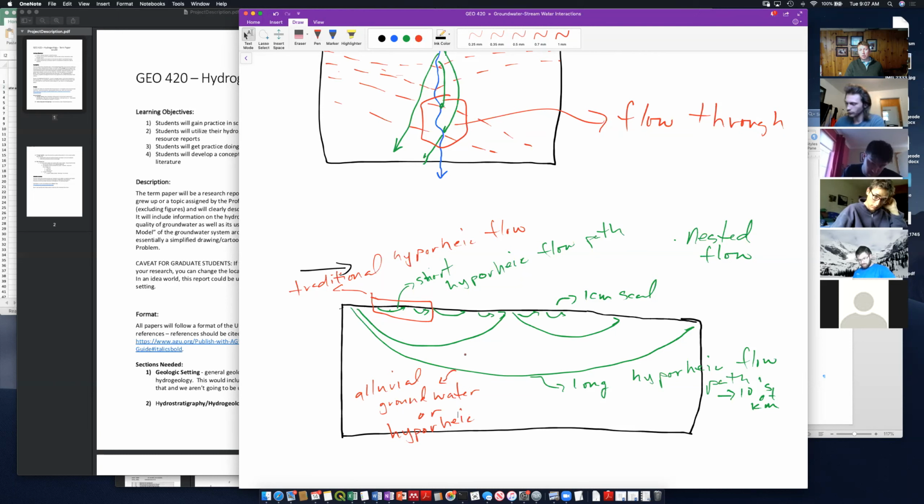If you use the Poole definition, and Dr. Poole is a professor at MSU who has done a lot of work on hyporheic flow. He did a lot of his work with my predecessor, Dr. Wustner at UM.